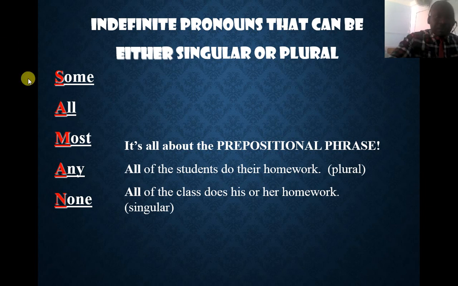So as much as these indefinite pronouns are plural in nature, sentential use can also make them singular. So it is very important for you to watch out for these pronouns when they are used in sentences. Don't just use your head knowledge of knowing them as plural pronouns to judge and make hasty decisions.